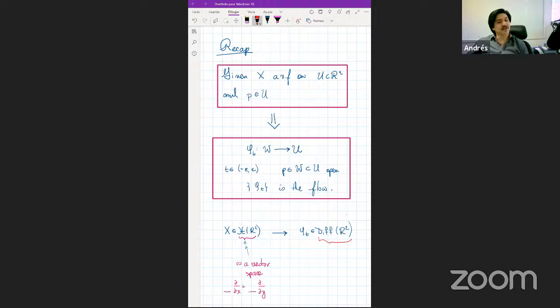A diffeomorphism means that the inverse is also a diffeomorphism. So what is the algebraic structure of that? Sounds like a group. It's a group, right?